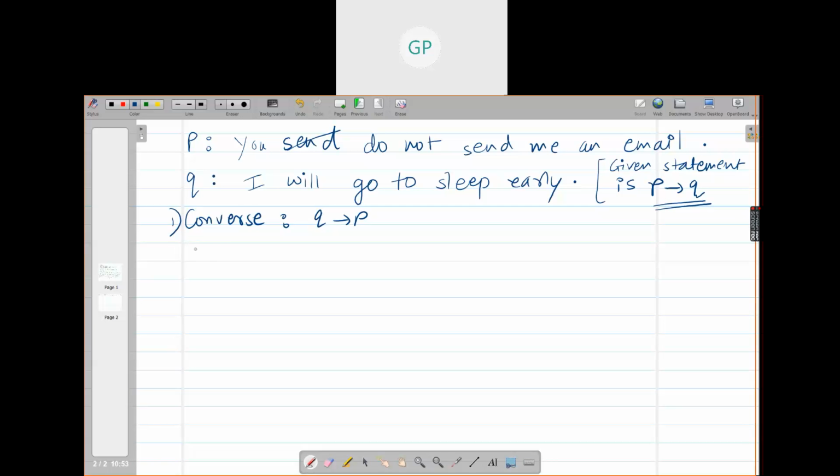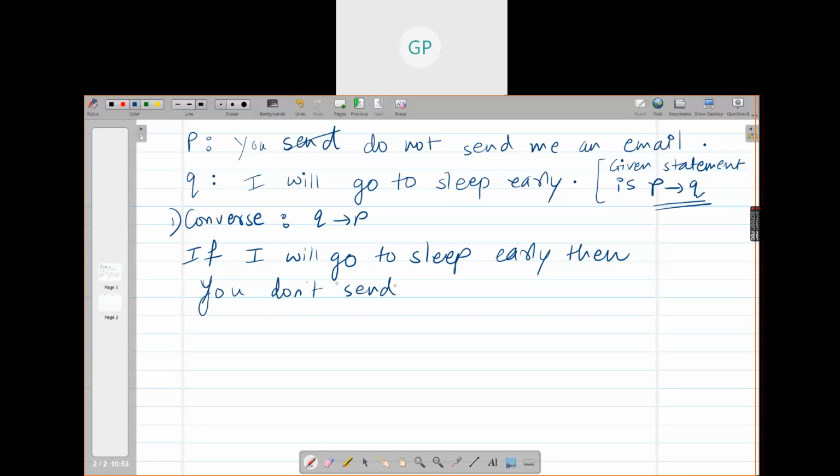Q implies P: if I will go to sleep early, then you do not send me an email. Okay? Do you understand this? Are you writing it simultaneously?